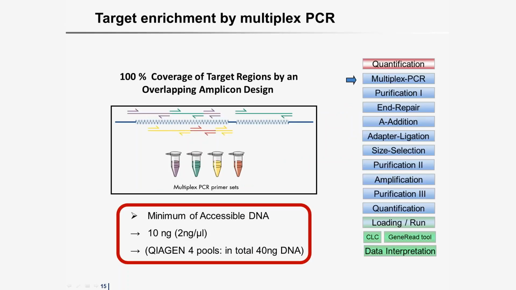So using the QIAGEN workflow, 4 primer pools are applied, generating overlapping amplicons, and this ensures nearly 100%, or very often 100%, coverage of the target regions.